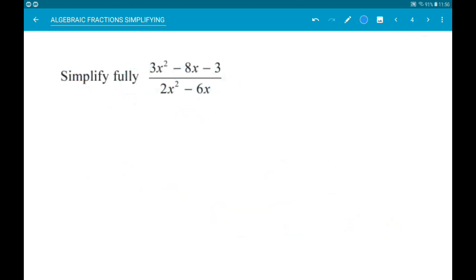Okay, next up, simplify fully 3x squared minus 8x minus 3 over 2x squared minus 6x. Okay, so on top, because we have 3x squared, we're going to need a 3x. Okay, now the two numbers need to multiply to minus 3, and we need to get down to negative 8x.